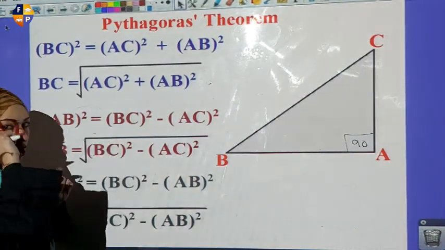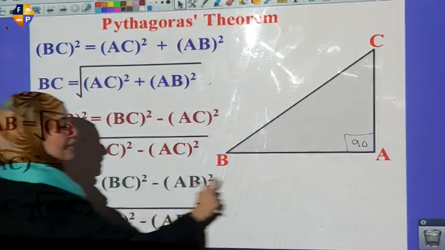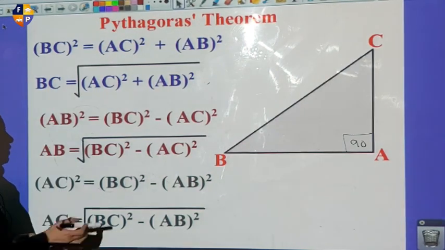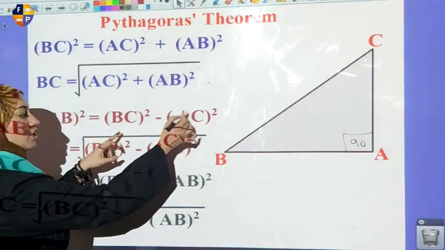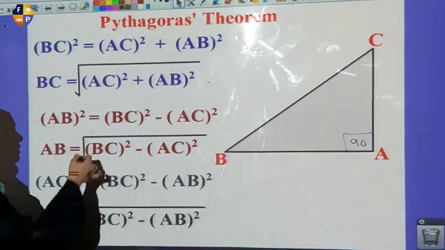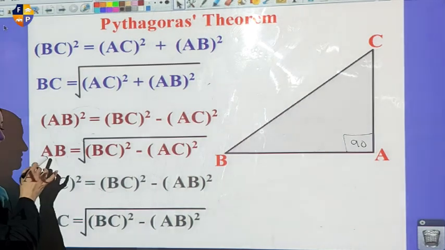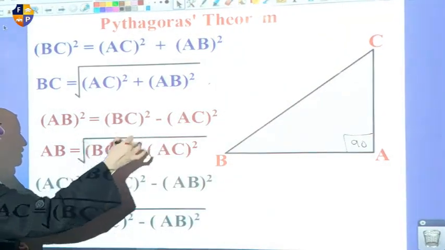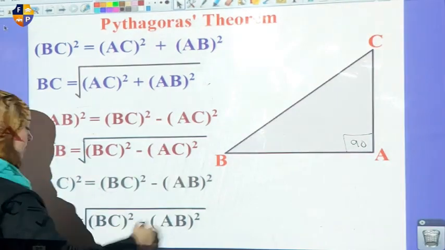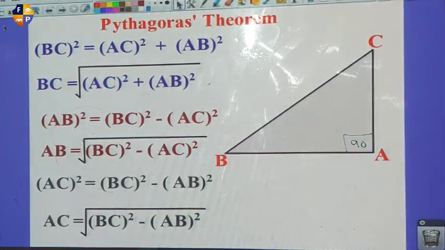And also by logic, when I want to get AB, AB square equals BC square minus AC square, I will make the subtraction operation, and when I want to get AB, I will put my relation under the root, and so on, also on the other side.